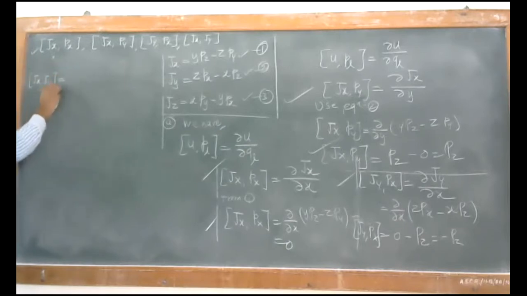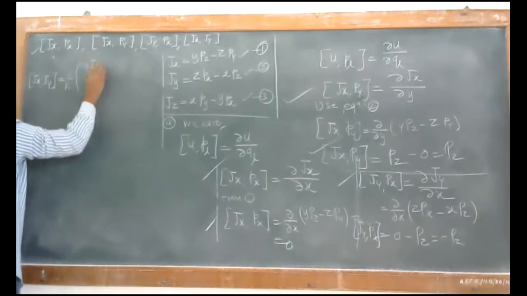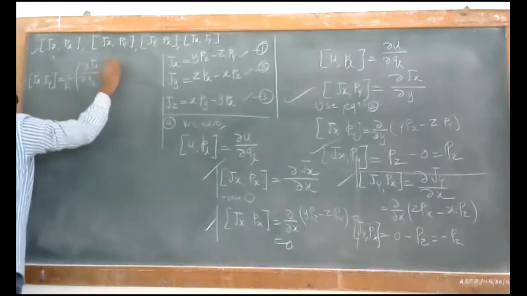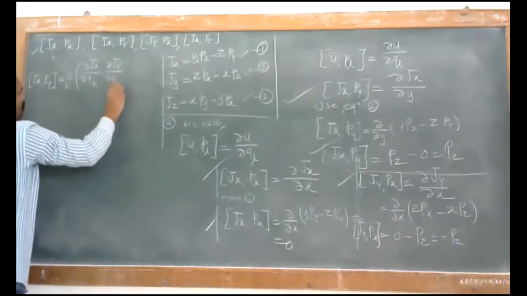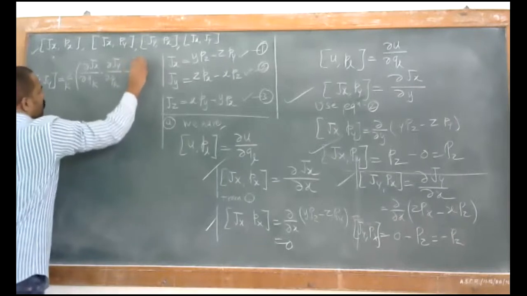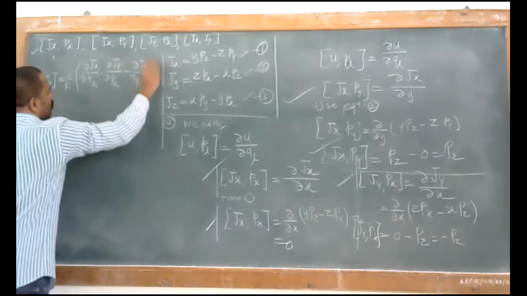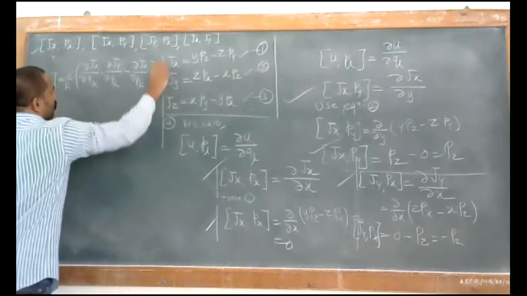The Poisson bracket of Jx, Jy, as it varies with respect to Qk and Pk, we'll write that this is summation over k of ∂Jx/∂Qk into ∂Jy/∂Pk minus ∂Jx/∂Pk, and the last one, that is ∂Jy/∂Qk.